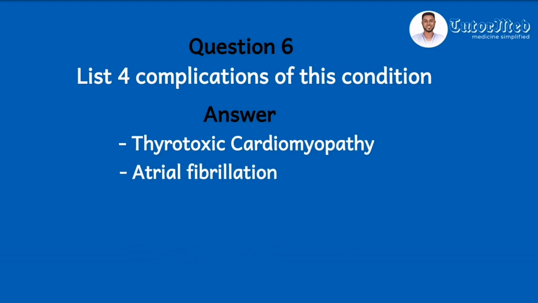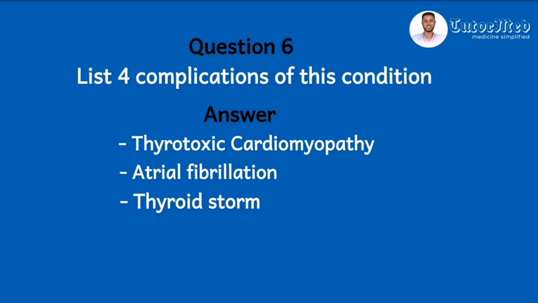Then there is a complication called thyroid storm. Thyroid storm is the acute form of hyperthyroidism. It usually manifests because someone has hyperthyroidism and we didn't treat it, or we treated it but it is poorly treated. If that happens, we can have an acute form of hyperthyroidism, that is thyroid storm, which can be potentially fatal.